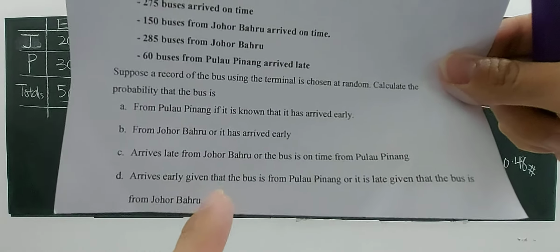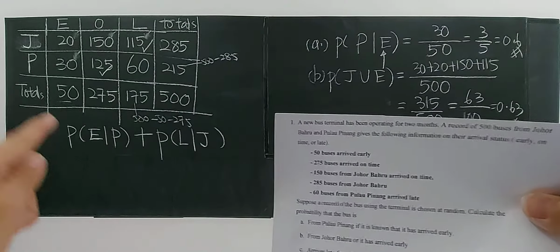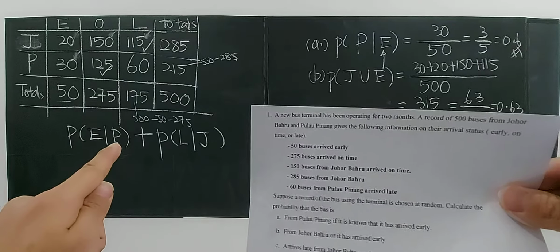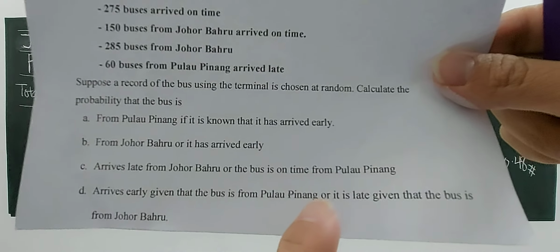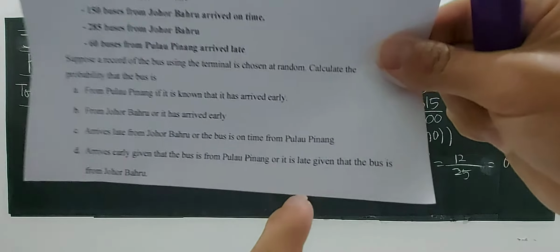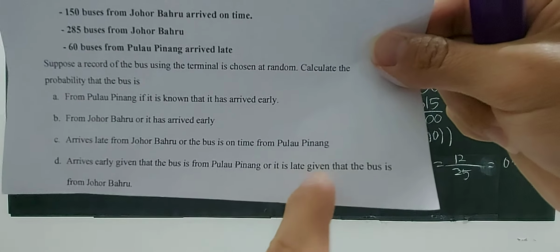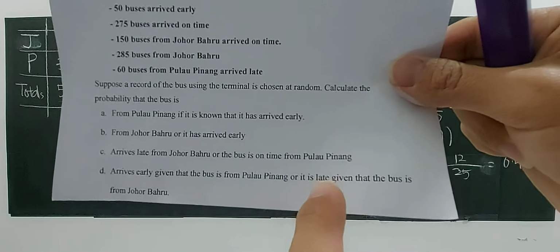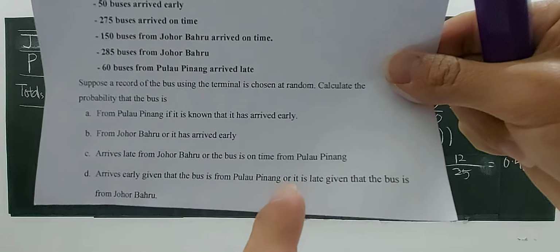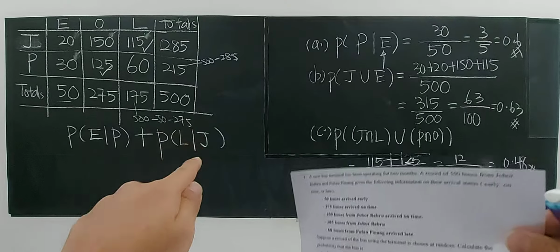You can read the sentence again. So, arrive early given that the bus is from Penang, plus, because of the word or here. I'm going to explain later why I'm putting plus here. And late, given that the bus is from Johor Bahru.